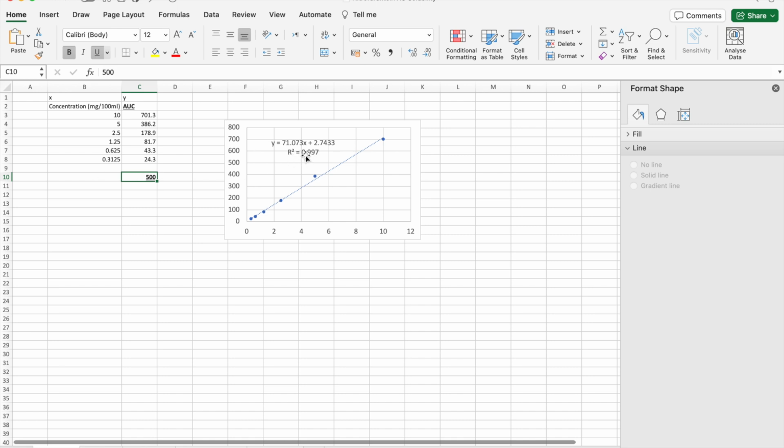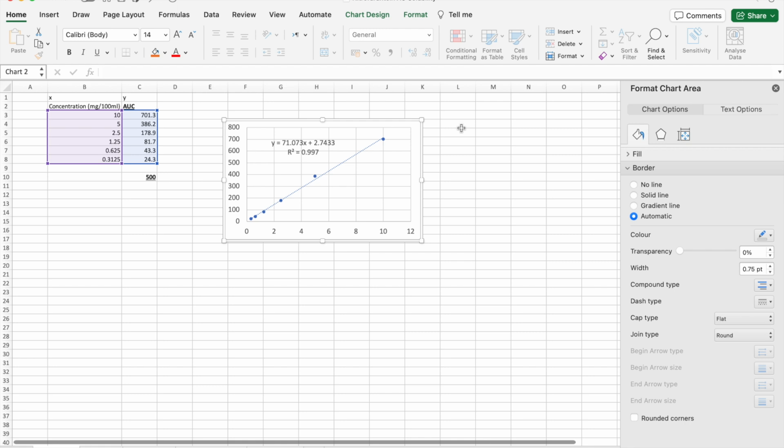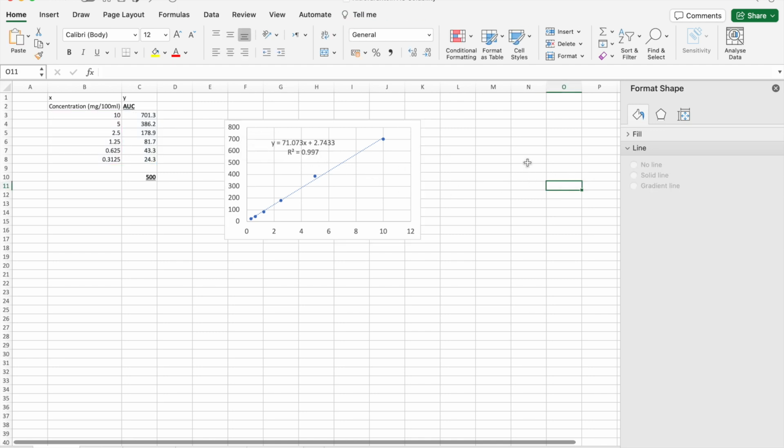And so we see this other value, the R squared, and the R squared, in essence, tells us how well our trend line fits our data. An R squared closer to 1 is really great. It's a really strong correlation. And with an R squared that's lower than 0.9 or 0.8, we start to lose confidence.